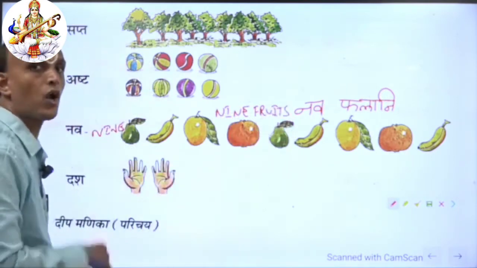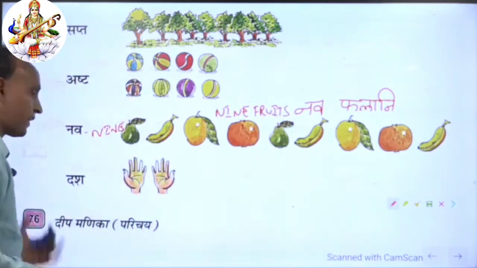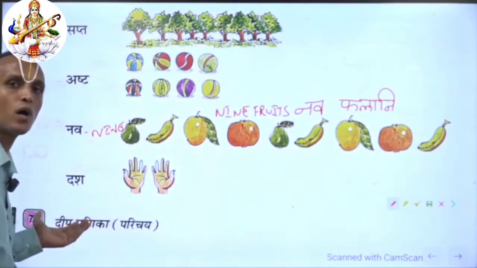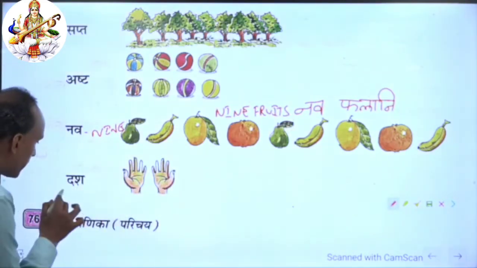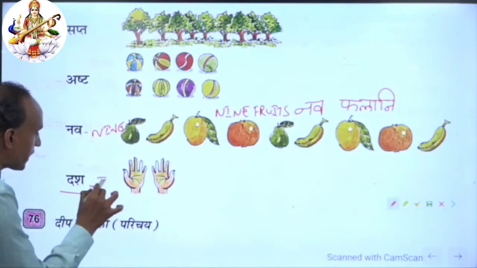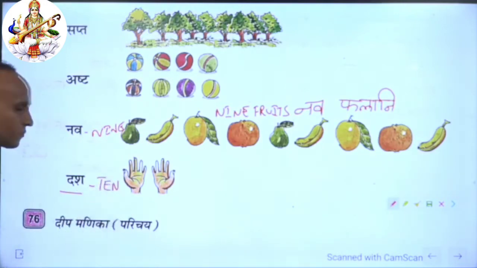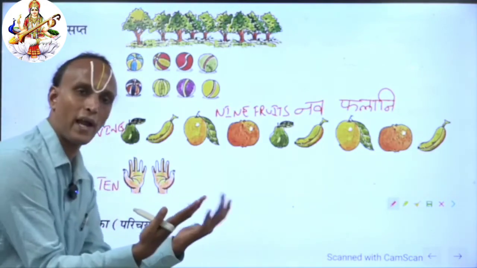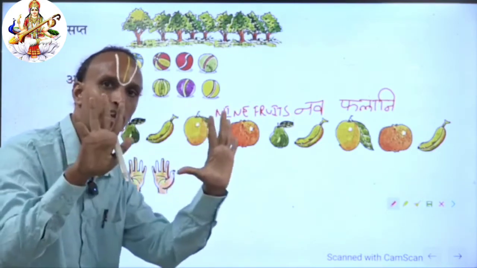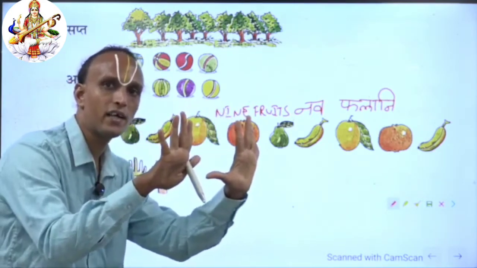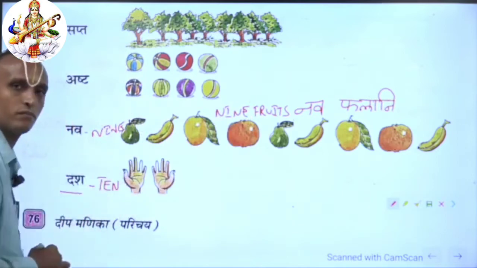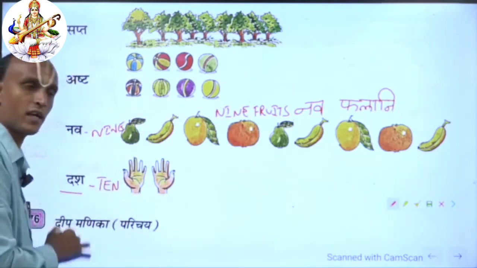Okay? At last 10. Dasha means what? 10. See here. Dasha means 10. You take your 2 hands. How many fingers are there? 10 fingers, right? They have given the picture also. 10 fingers, right?